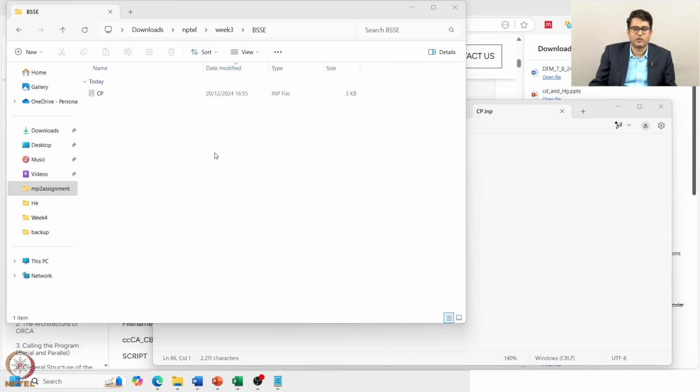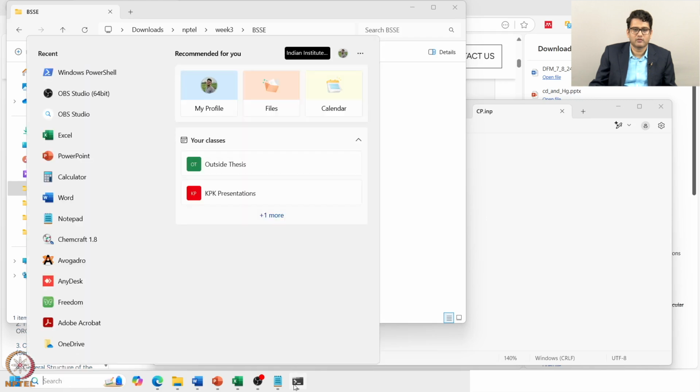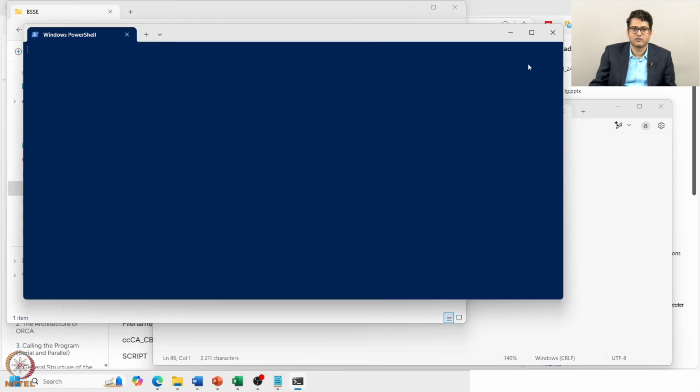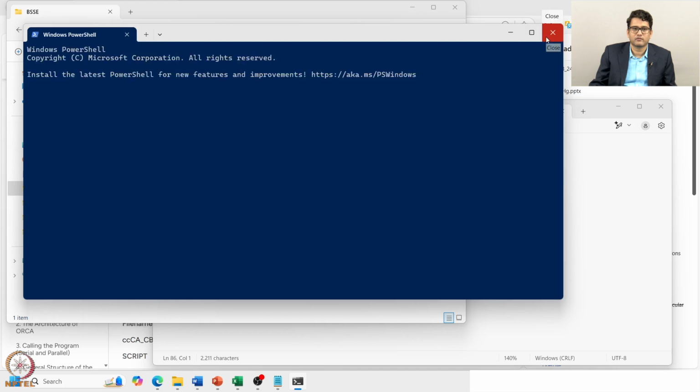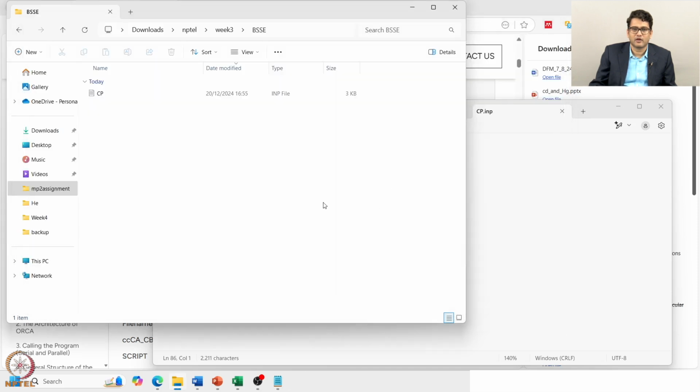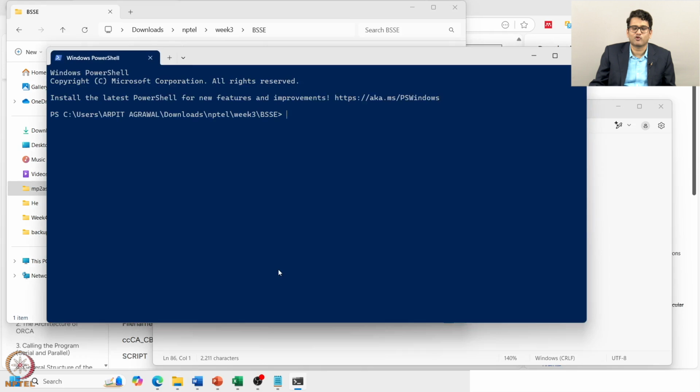Sometimes it happens that the PowerShell does not show up automatically. Now it will show up, I believe. Open in terminal. So, if your PowerShell is not automatically showing up, you just open the PowerShell once and it should show up. So, we are there.